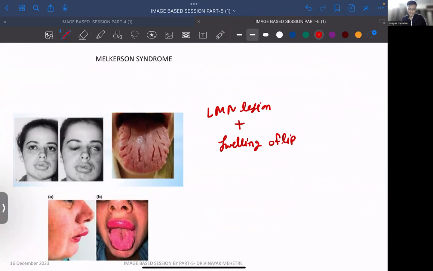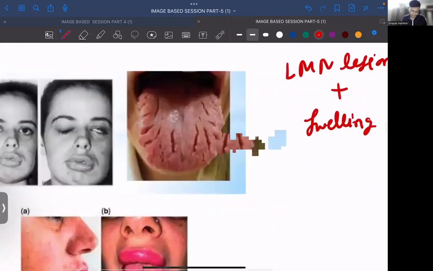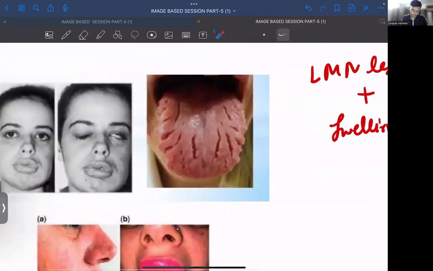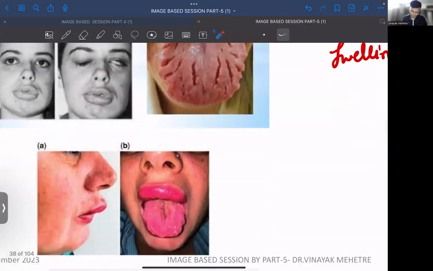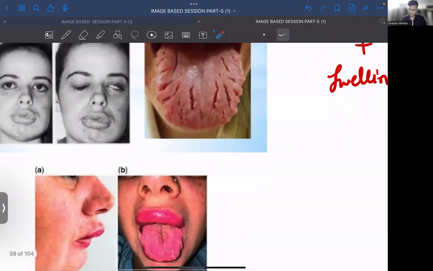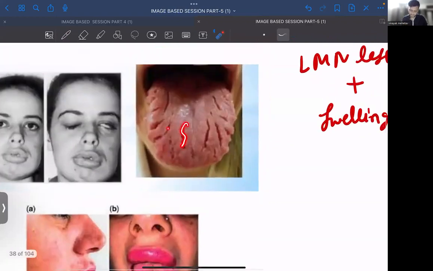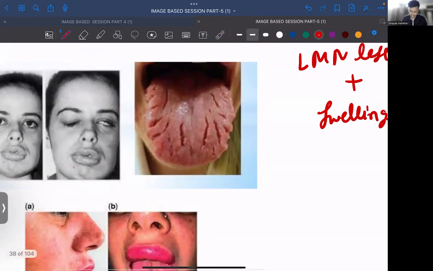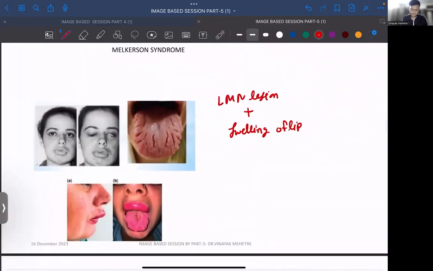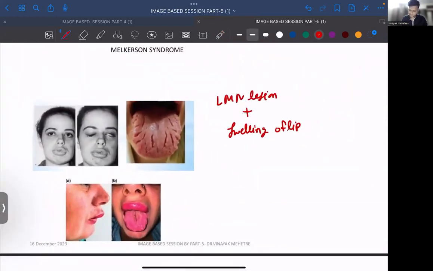Look here: lower motor neuron lesion with swelling on lips, specifically the upper lip, with fissured tongue. There will be deep cuts, this is what we call fissured tongue. This is called Melkersson syndrome.